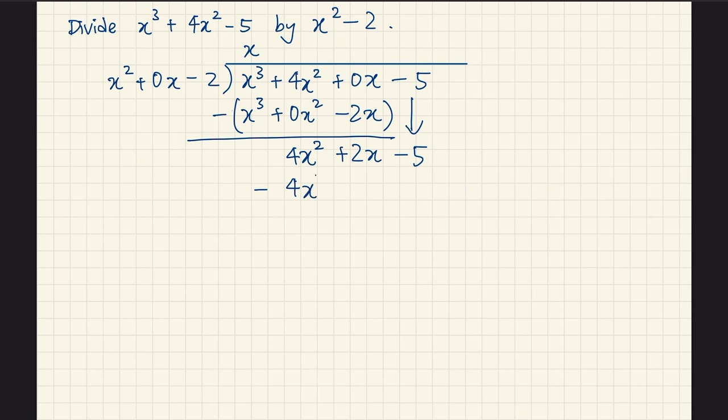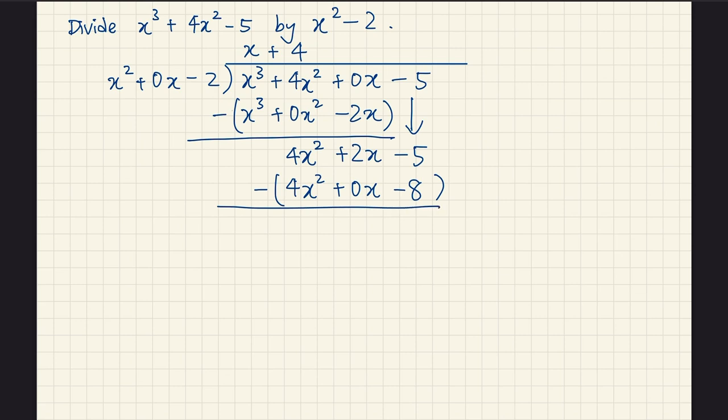So I'm going to start from removing the leading term, and then we go backwards to think, okay, then I need a plus 4 here, so the 4 times the x squared is going to give me 4x squared as I desire, and then of course I have 4 times 0x, which is just 0x, and then I have 4 times negative 2, which is just minus 8.